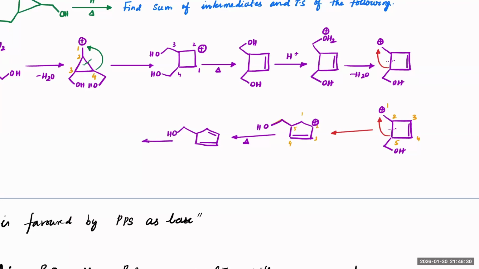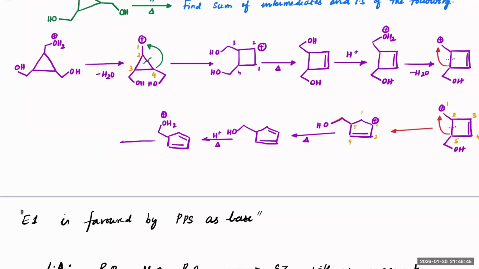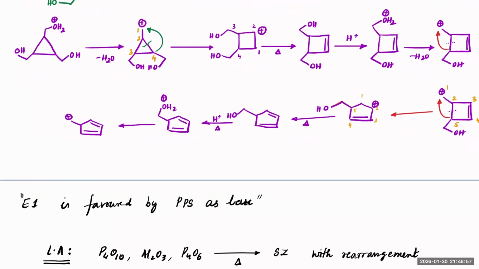This can again be protonated, and thus you will have double bond here, and OH2 plus. And this OH2 plus will be lost, and you will have this as double bond, and carbocation formation here.